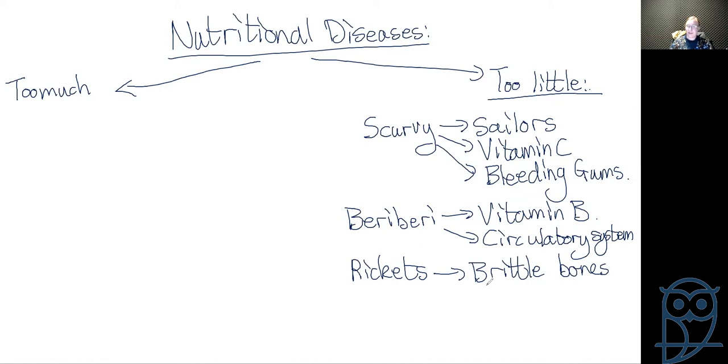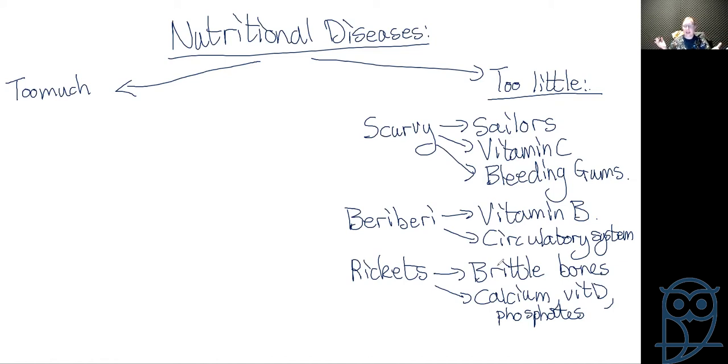So this should tell you that this is when you don't get any calcium or vitamin D or phosphates. These three things are what you need in order to build up strong, healthy bones.